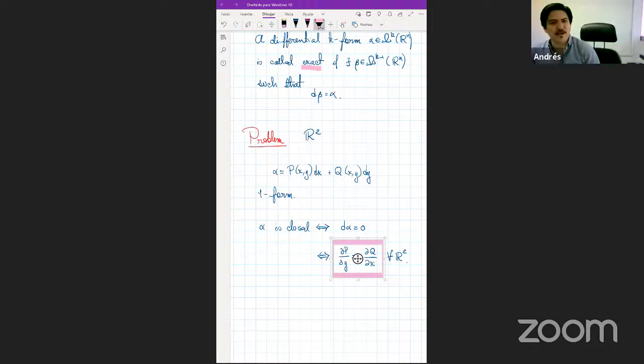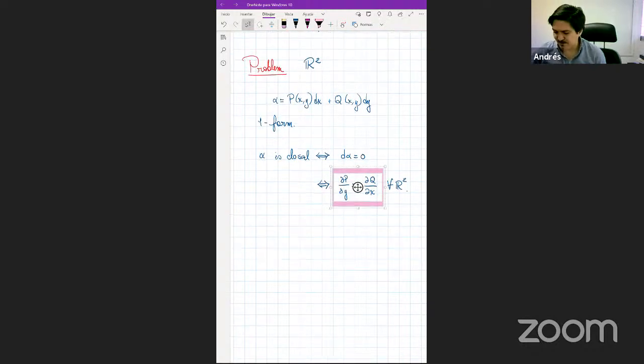It goes along the line of Green's theorem. Yes, and also when you are solving differential equations, if the differential equation is exact, you can solve it. And that's the second part of the problem.